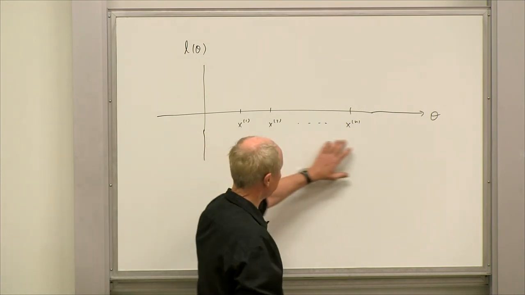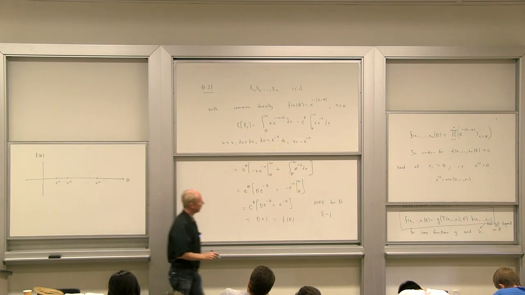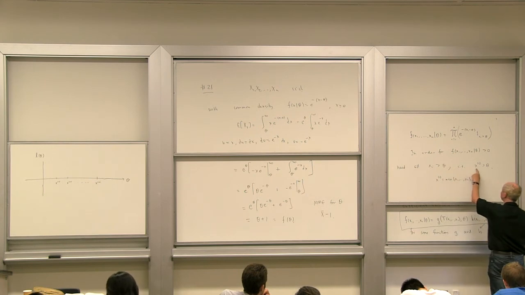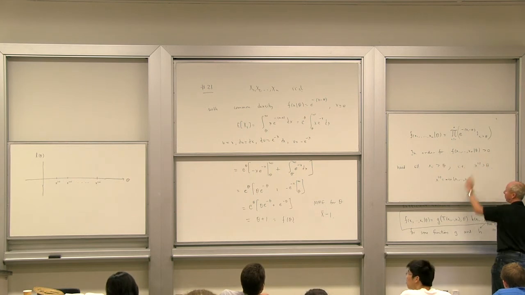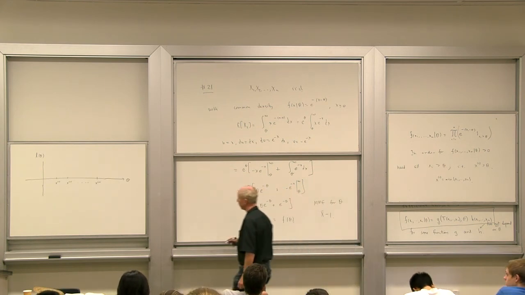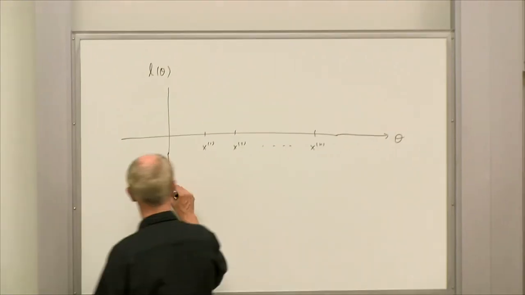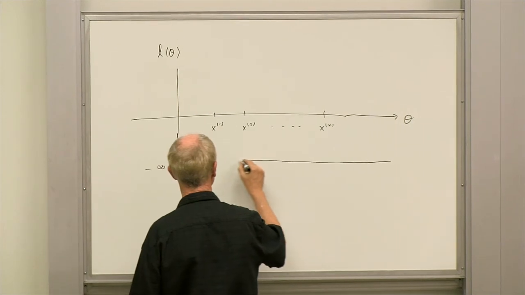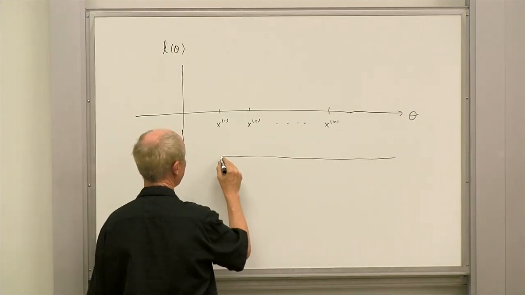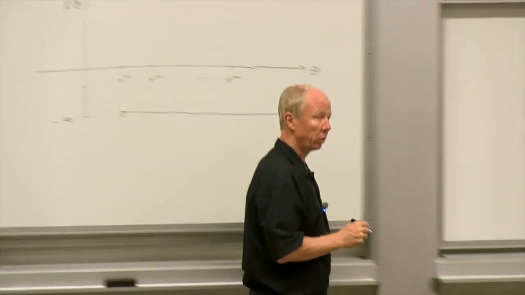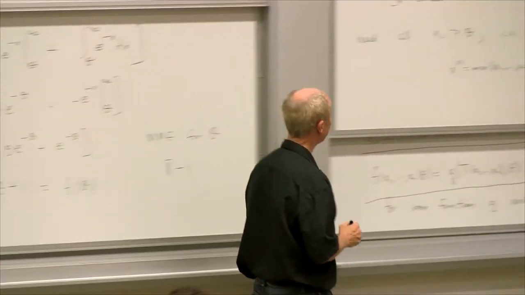And if any one of these is less than theta, then the log likelihood function is minus infinity, because if the smallest one is less than theta, then that product will be 0, and the log of it will be minus infinity. So if I put minus infinity down here, the log likelihood function looks like this. It's minus infinity until I get to here. And then it jumps to, what does L of theta jump to?